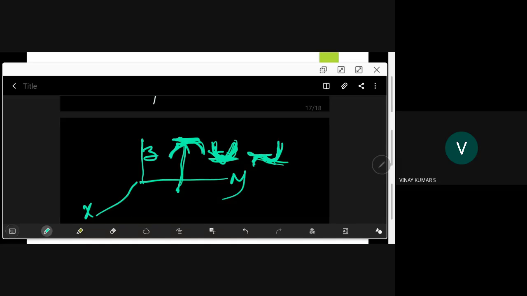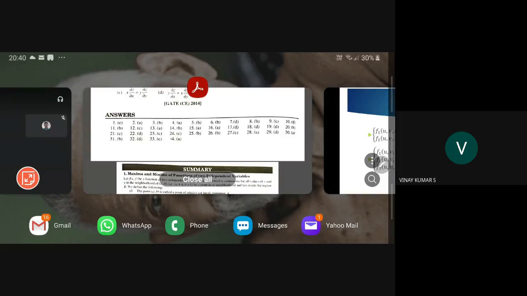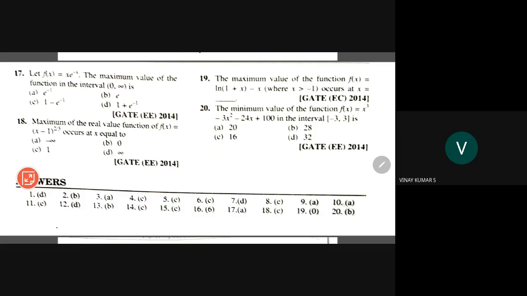Okay, fine. Now we'll go directly to problems. So we are reaching integrals.